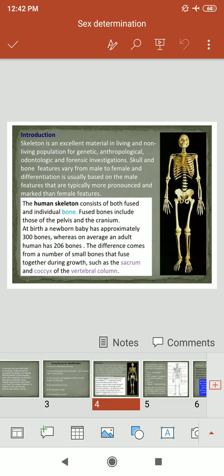So you can observe that the skeleton is an excellent material in living and non-living populations for genetic, anthropological, odontological and forensic investigation.